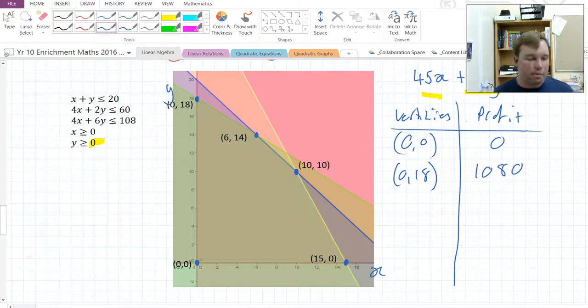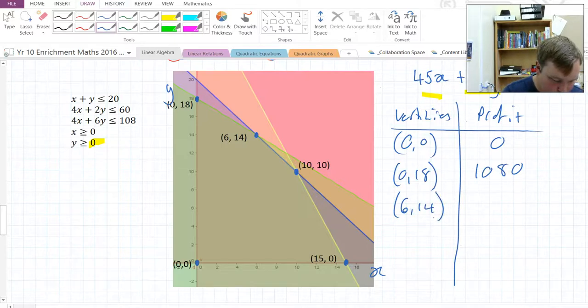And that was one of our possible solutions we flagged at the start, that all we could do is produce duper boots, and maybe that would be our best. But let's look at the others. 6,14. That would mean 45 times 6 plus 60 times 14 is 1,110. It's interesting.